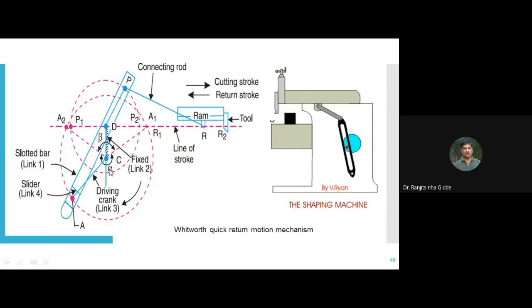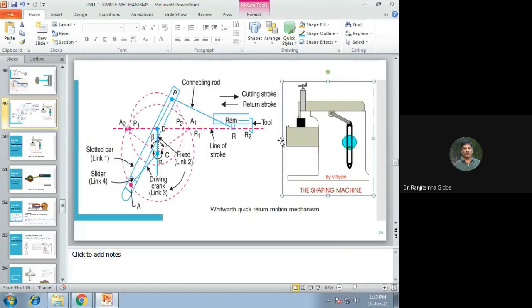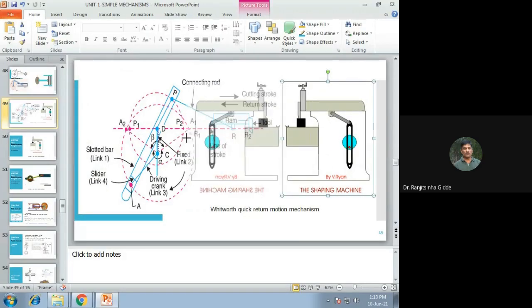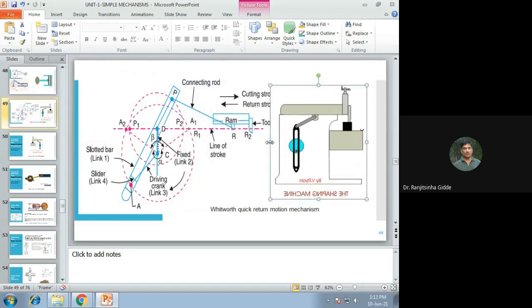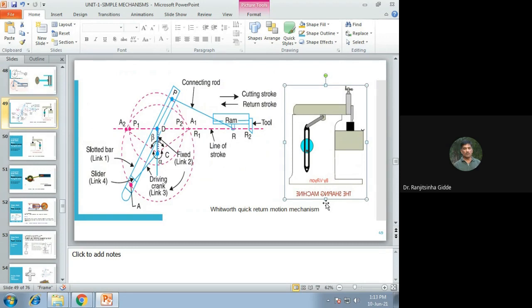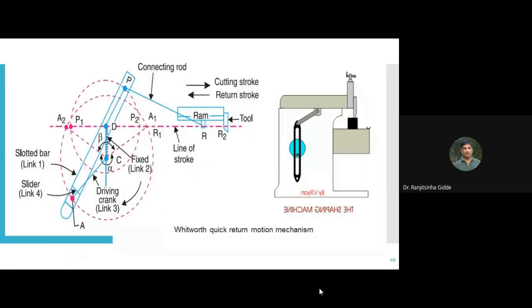This angle is alpha. That is nothing but the cutting stroke. I will try to make this in the same way so that you will understand. There should not be any confusion, only the names are different. So this way it is going to work.